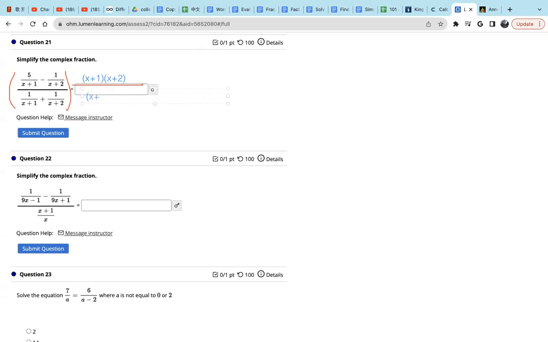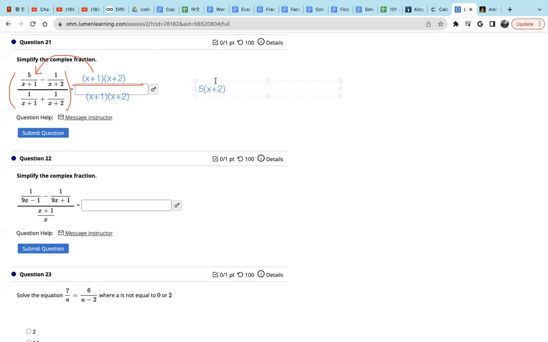x plus 1, x plus 2. So we multiply every term with this. When we multiply the least common denominator with the first one on top, x plus 1 divided by x plus 1 cancels out. So we're left with 5 times x plus 2.